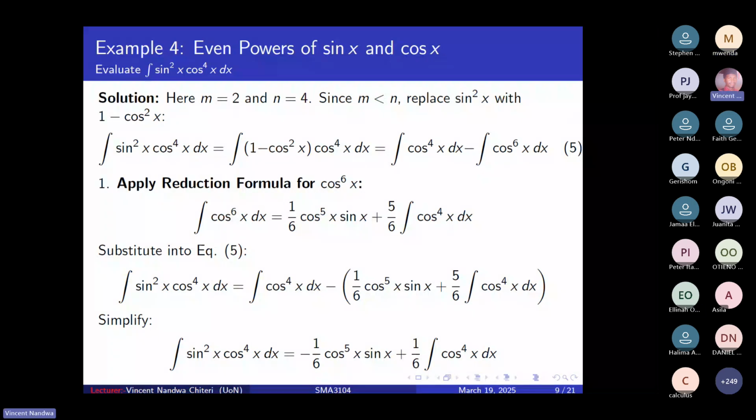So when you bring all the terms for those three parts of the integration by reduction formula, you should be able now to get the answer for cos power 6 x dx, and then together with this cos power 4 x dx, bring them together with the proper sign the way it is given here, and you should be able to get the answer to this problem.